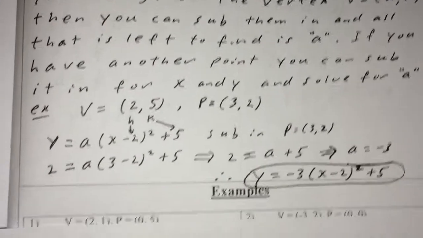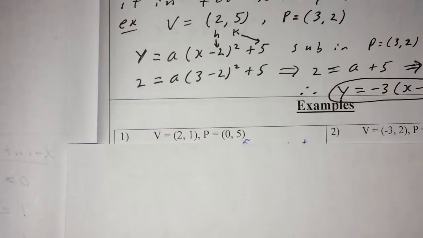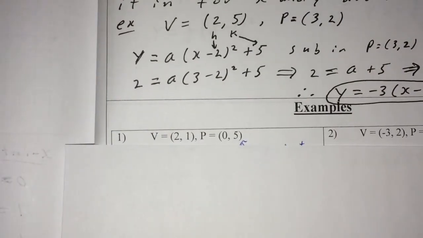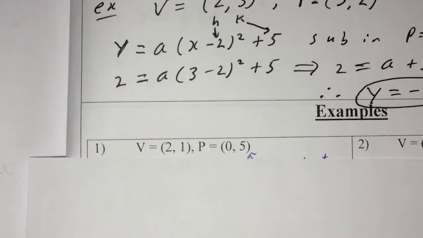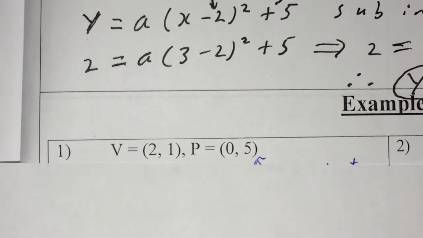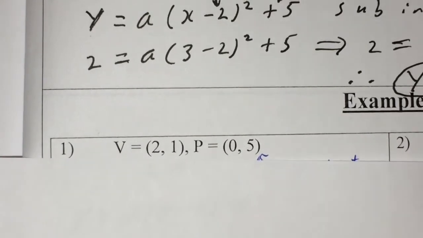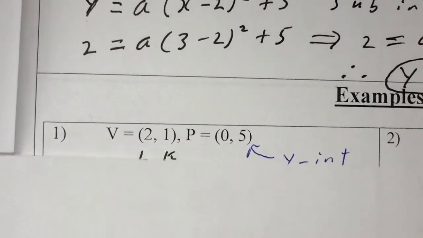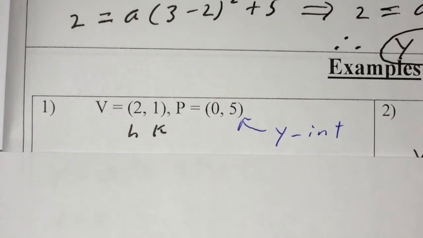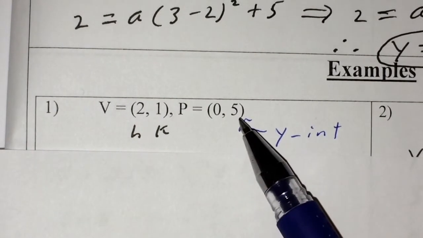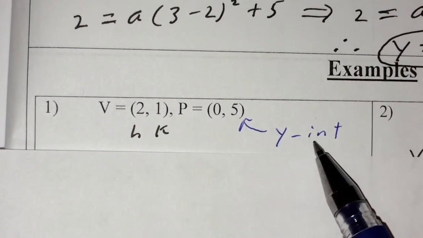A couple more examples of this. Say you're given the vertex (2, 1) and the point (0, 5). Now you take the 2, 1, that's your h and k, and notice that (0, 5) is actually the y-intercept.